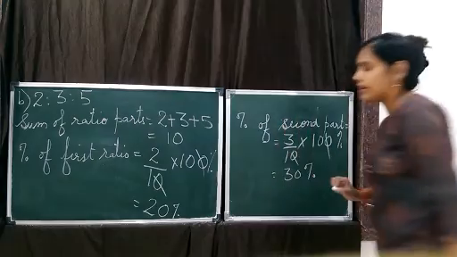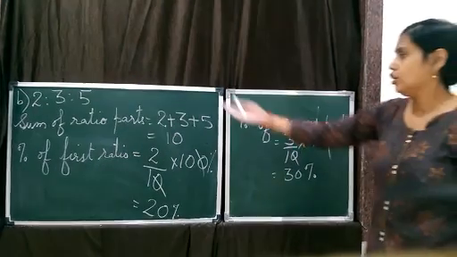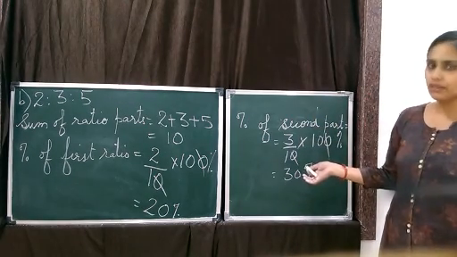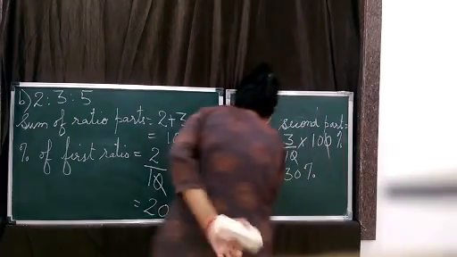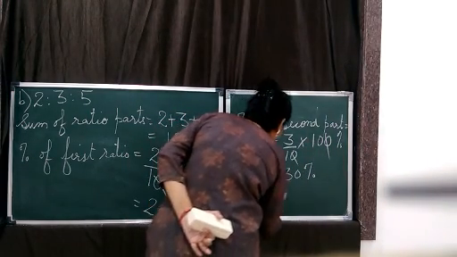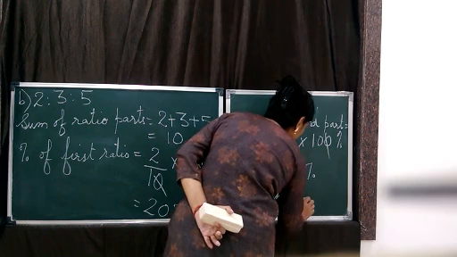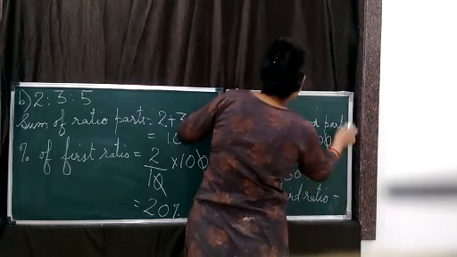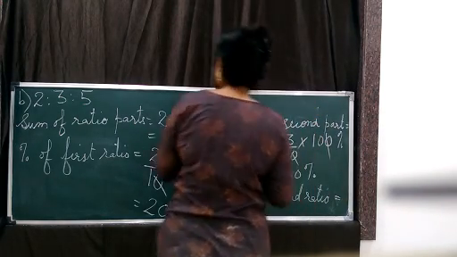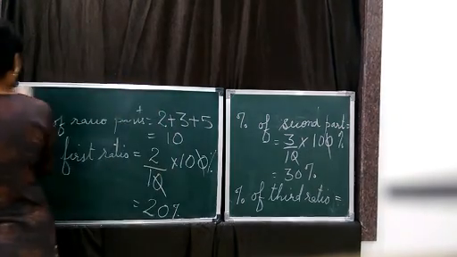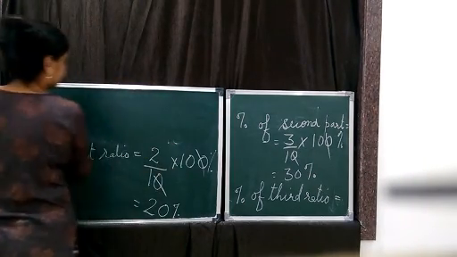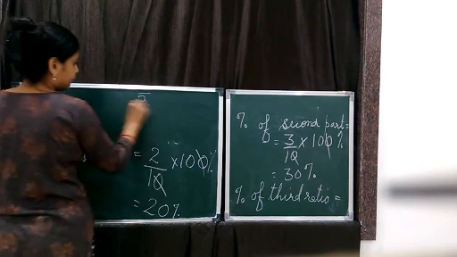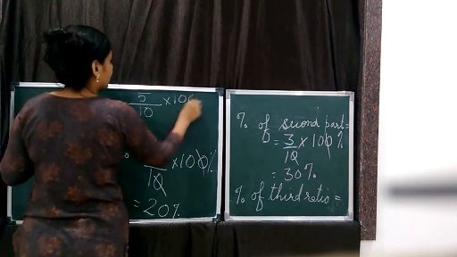So similarly, when we find the third part also, you can see 2 is 20%, 3 is 30%. So 5 will obviously be 50%. But still we have to solve. So we solve and find out. Percentage of third ratio part is equal to 5 by 10 into 100%.